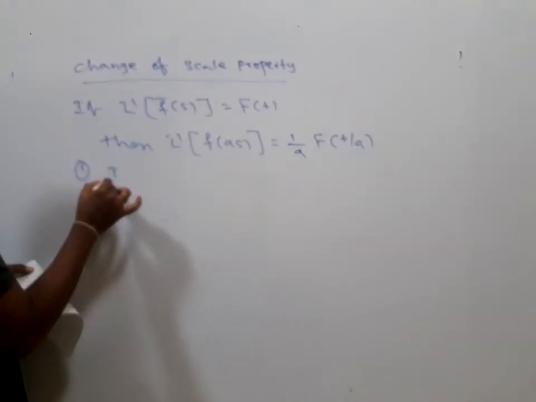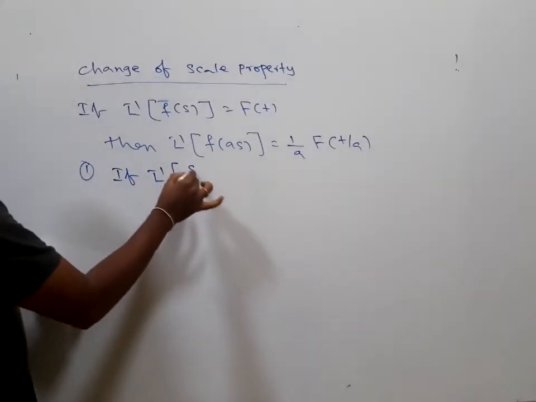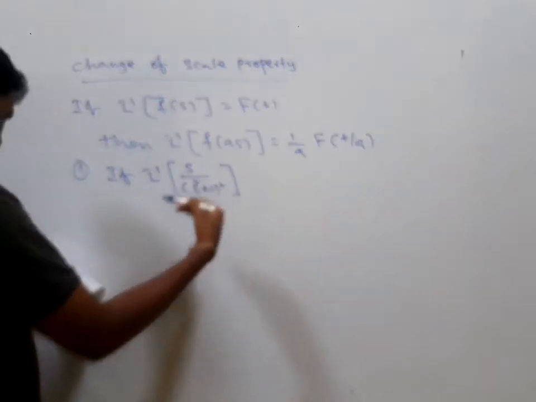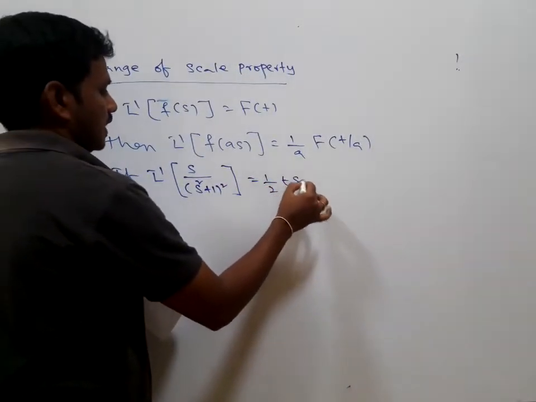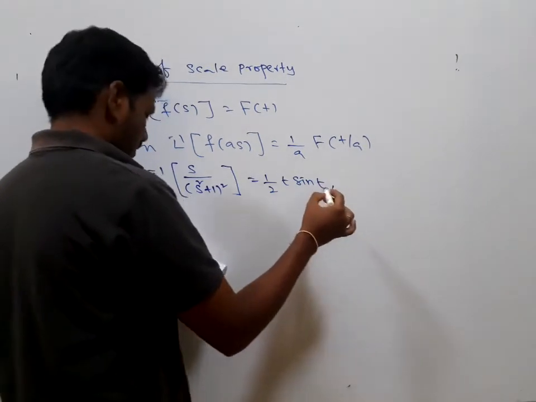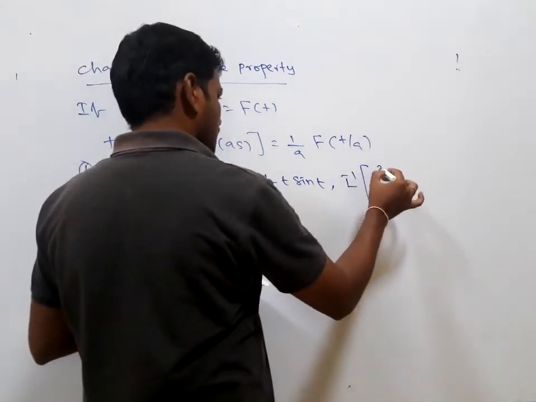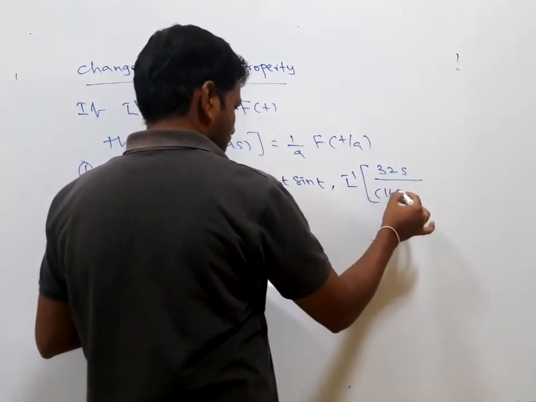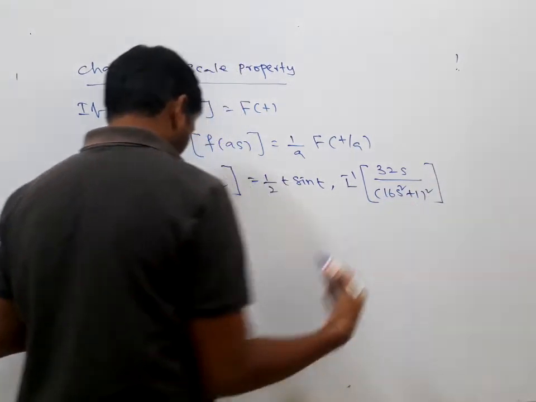Here, if L inverse of s divided by s square plus 1 whole square is equal to 1 by 2 t sin t, then find L inverse of 32s divided by 16s square plus 1 whole square.